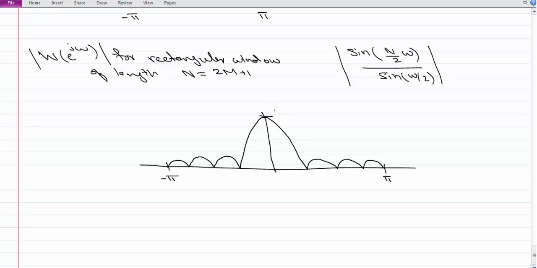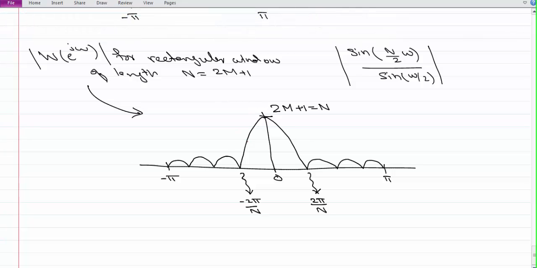It turns out that the height of this magnitude of the Fourier transform of your window is 2M+1, which is equal to N. Now, the first time it hits 0 around the origin, this point is 2π/N, and this point is minus 2π/N.